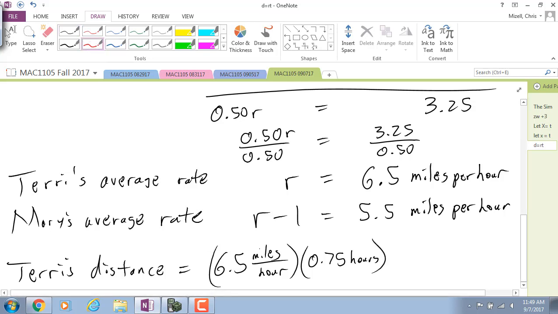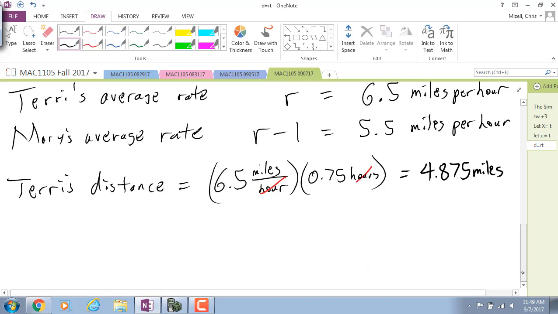The hours divide out, and we get 4.875 miles.